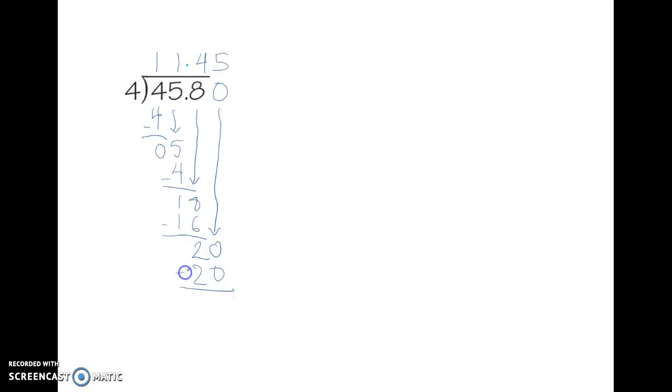I subtract, and I'm able to do this problem until I have no remainder left. So 45.8 divided by 4 is equal to 11.45. I just add zeros until I don't have any remainder. It's the coolest thing in the world.